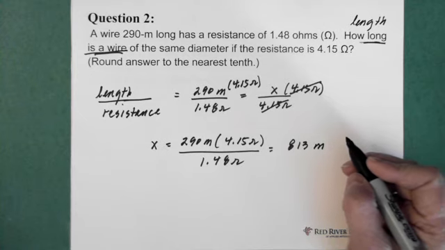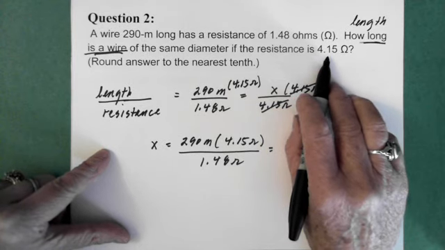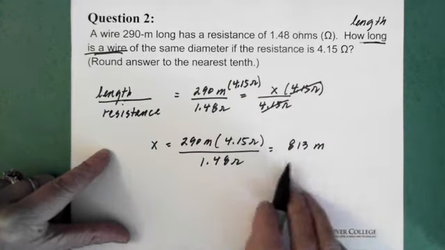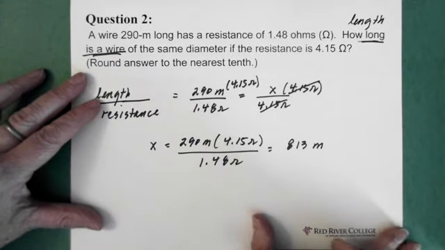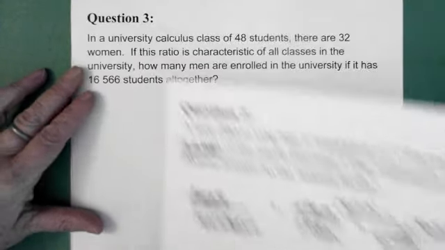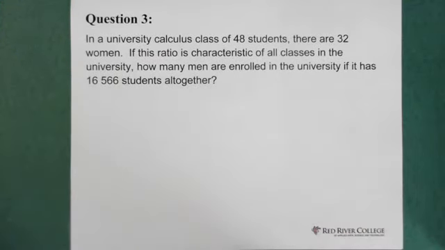And we know that the difference in resistance is about 3 times. So then the length should be approximately 3 times as long. So this is a reasonable answer. Okay, so last question. Again, you can pause the video and then turn it back on and I will walk through this question.